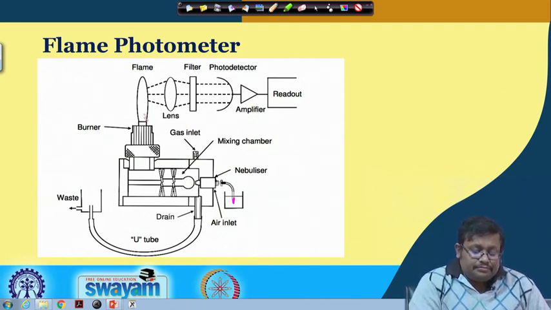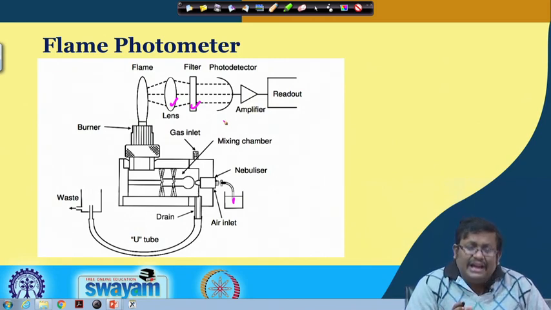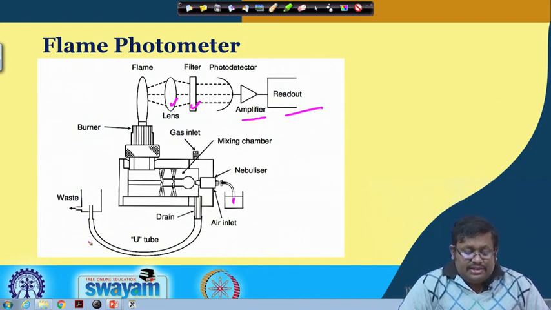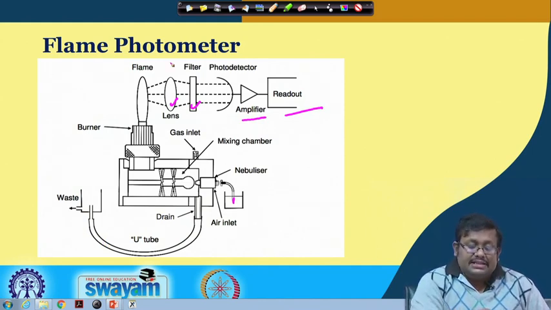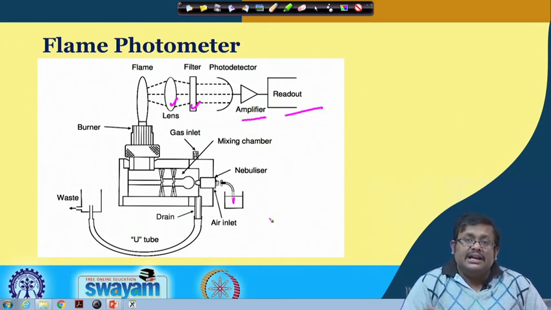Ultimately the sample goes to the flame and takes up the energy, and the emitted radiation goes through this lens and this filter, and finally to the photodetector, which converts this light signal into an electrical signal through the amplifier and readout. The waste material goes through this waste U tube. So, this is the inside view of a flame photometer.